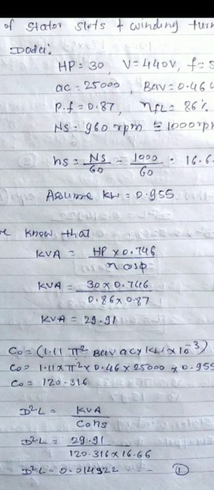Third step, D square L is equal to kVA divided by C0 NS.